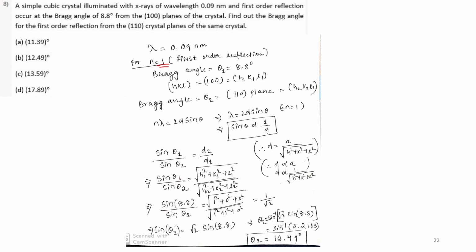Now substitute the theta 1 value and the hkl values for h1 k1 l1 and h2 k2 l2 here. You will get sin 8.8 divided by sin theta 2 is equal to 1 over root 2. From there, sin theta 2 will be root 2 sin 8.8. So theta 2 will be sin inverse of 0.2163, so theta 2 is equal to 12.49 degree. This will be the answer for this question.